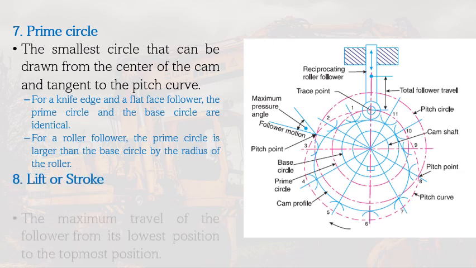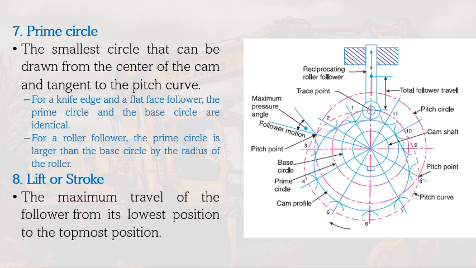The lift or stroke, on the other hand, is the maximum travel of the follower from its lowest position to the topmost position. So here we can show the prime circle. For this roller follower, the prime circle is larger than the base circle by the radius of the roller. So you can see here, this is our base circle.